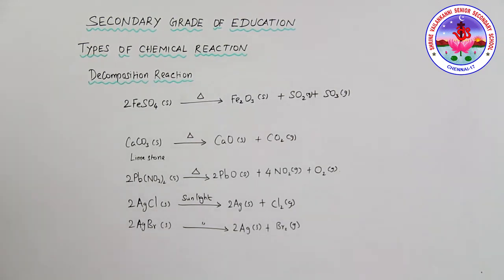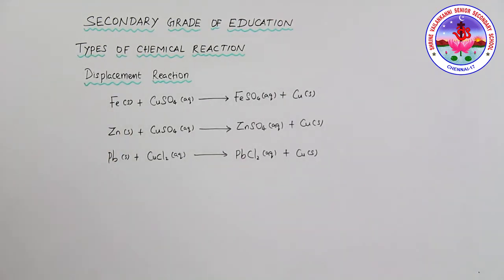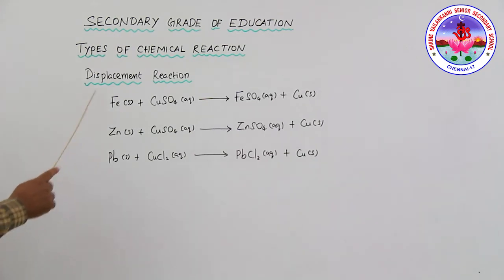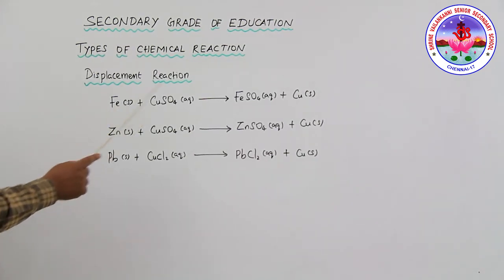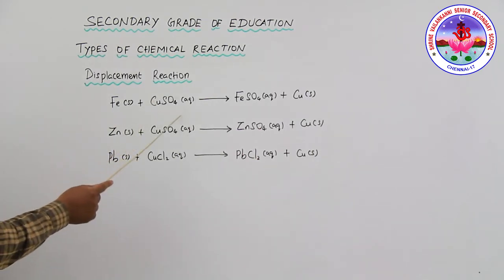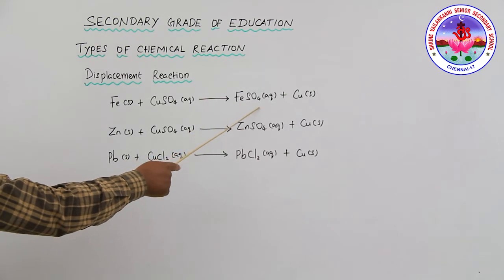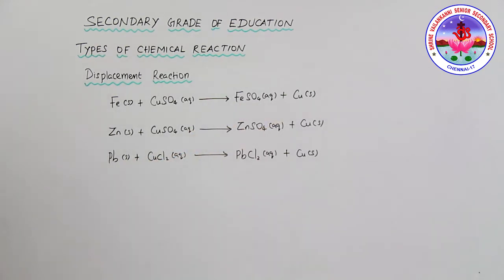Next we will see the displacement reaction. The displacement reaction means here iron, a solid, reacts with the copper sulfate solution. It converts to what? Ferrous sulfate and copper.